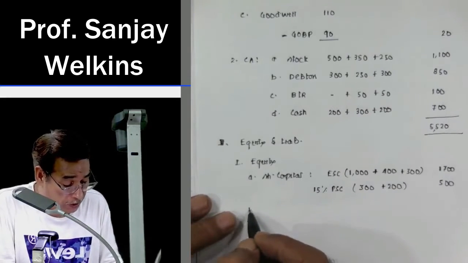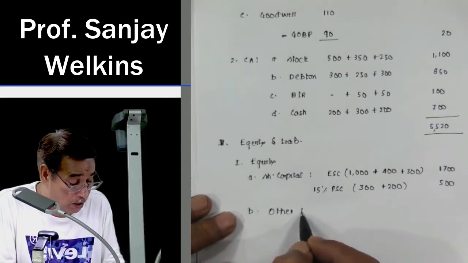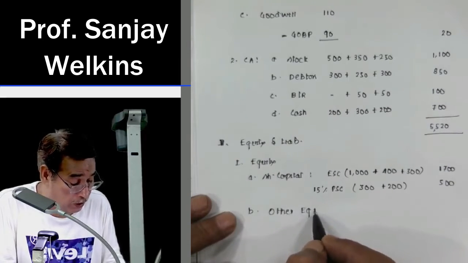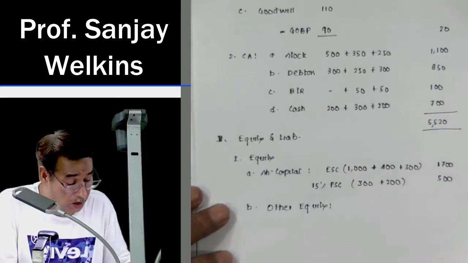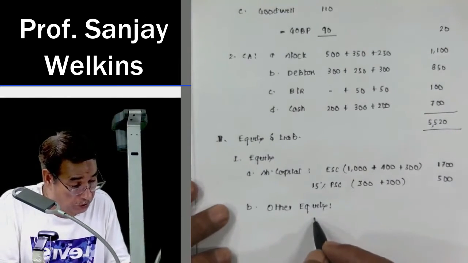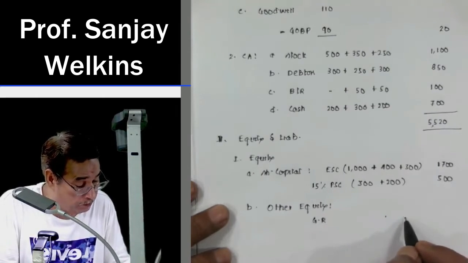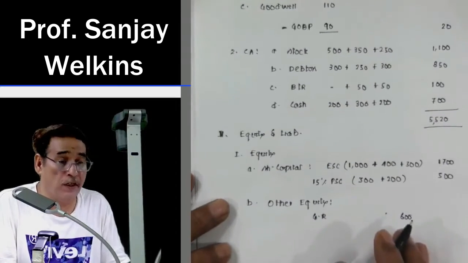Now I will write here other equity. As far as other equity is concerned, if you will look into the balance sheet, there is general reserve of 600 of X Limited.